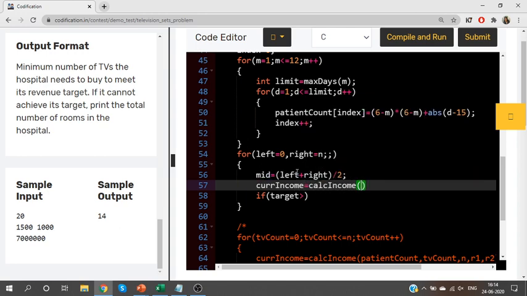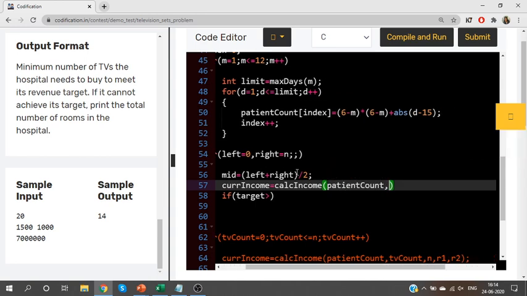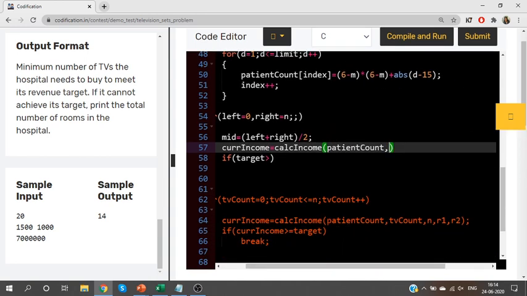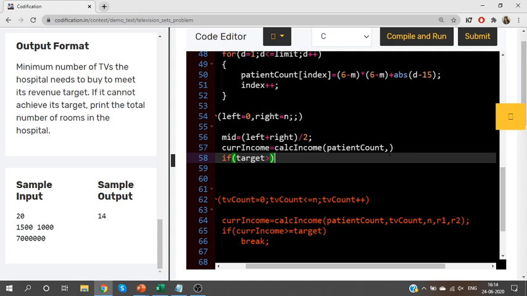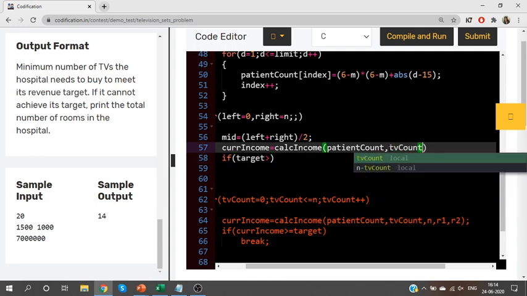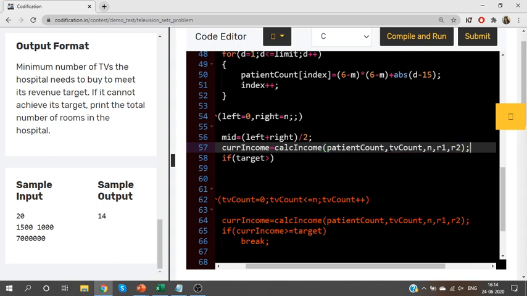For calculate income, we'll give the patient count, TV count, N, R1 and R2. This is the data the calculation needs.